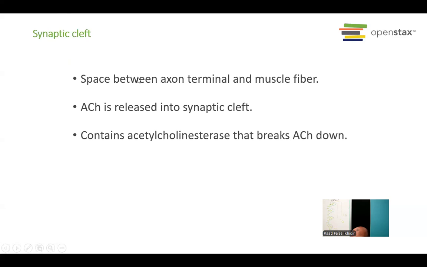There's a space between the axon terminal and the muscle fiber, known as the synaptic cleft. Acetylcholine is released into the synaptic cleft, and it contains acetylcholinesterase. This is very important. This acetylcholine is going to diffuse out through the synapse and bind to the postsynaptic terminal.